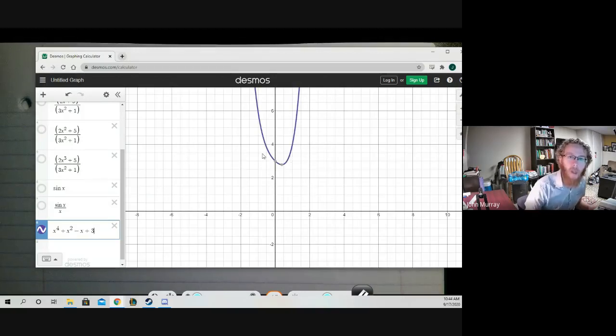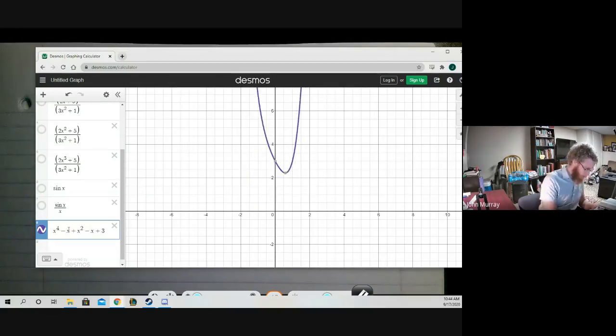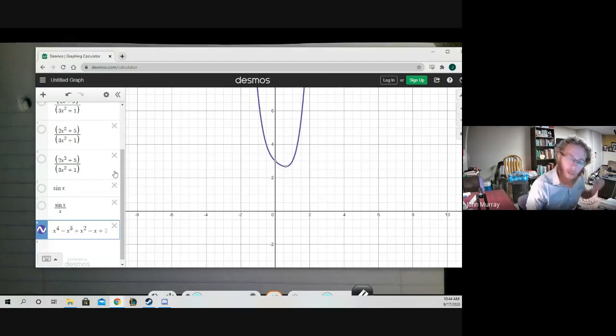You can kind of see it behaves like that and has that bottom point. Sometimes it looks like a W. I'd have to play around with it, but we don't have enough time. But x to the fourth would be a W, and we'd only have kind of half the graph again.